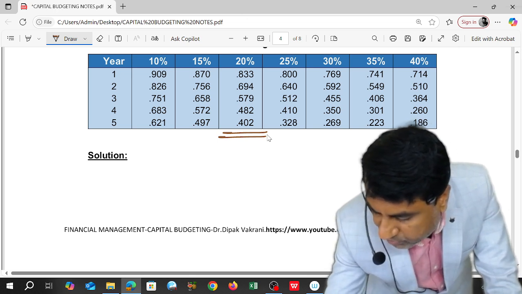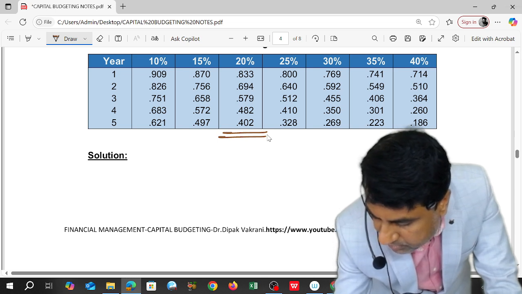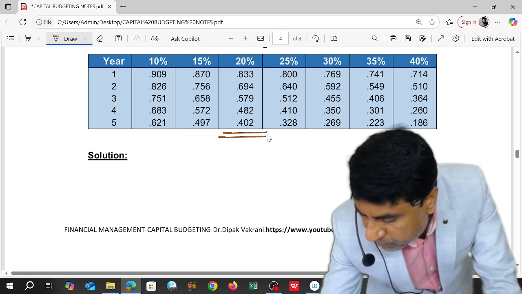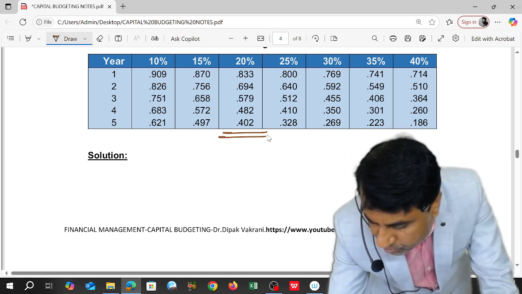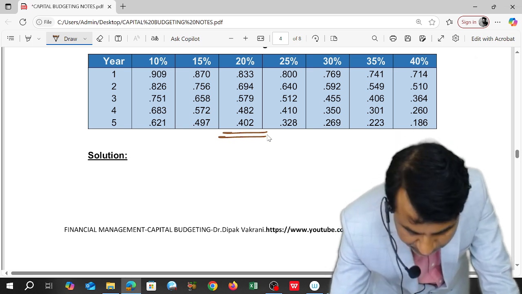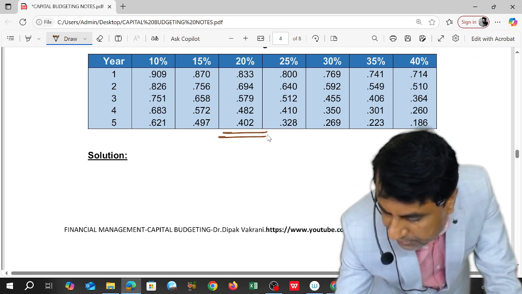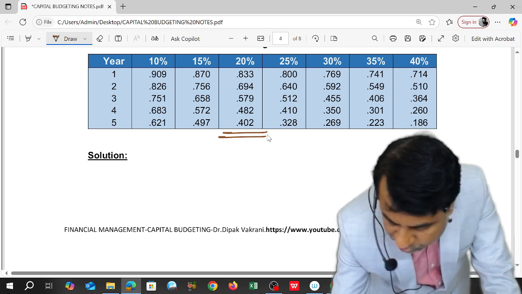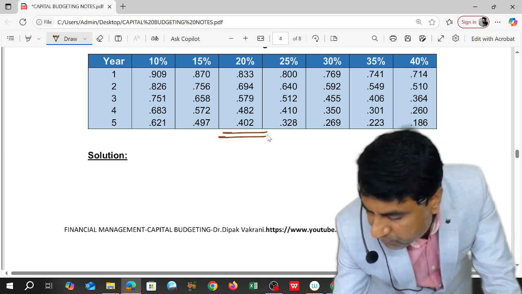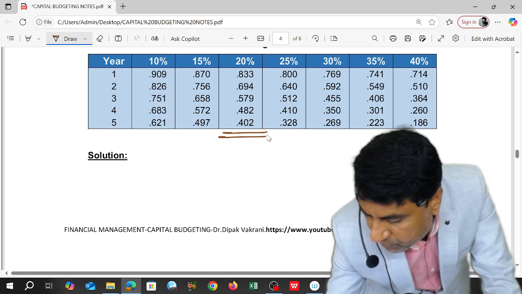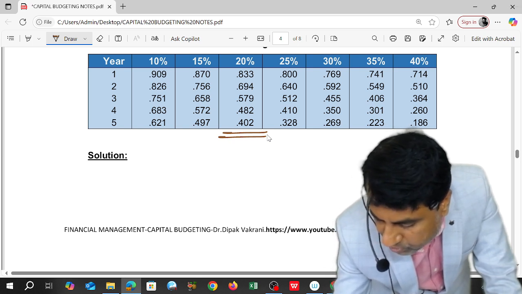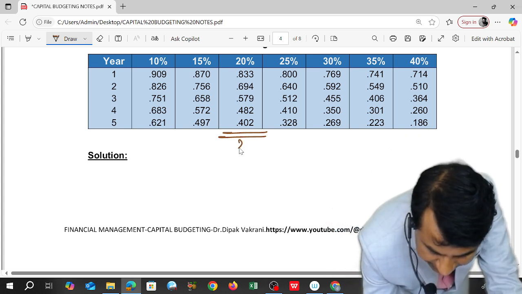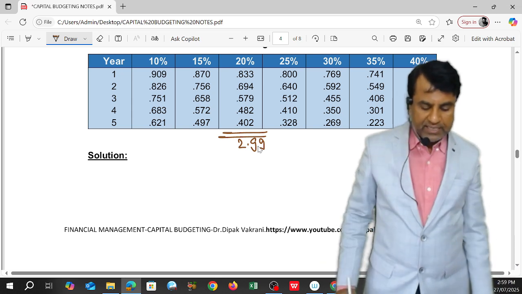All these are the discounting factors here, and the total is coming 2.99, which I can approximate and take as 3 as well.